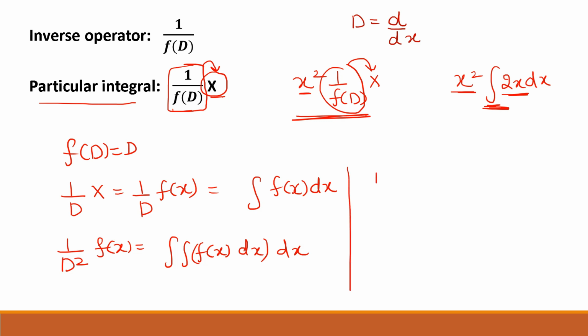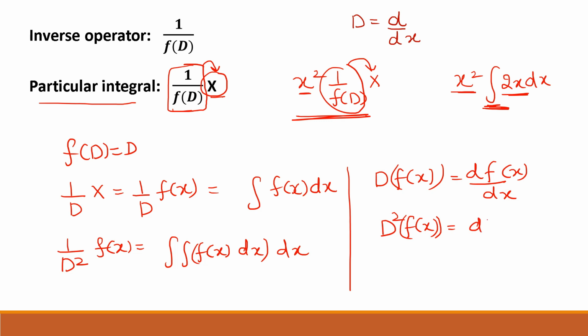And if you have d into some function, that means derivative of that function with respect to independent variable x. And if you have d square f of x, that means second order derivative of that function with respect to x. Similarly, we can proceed with the higher orders also.